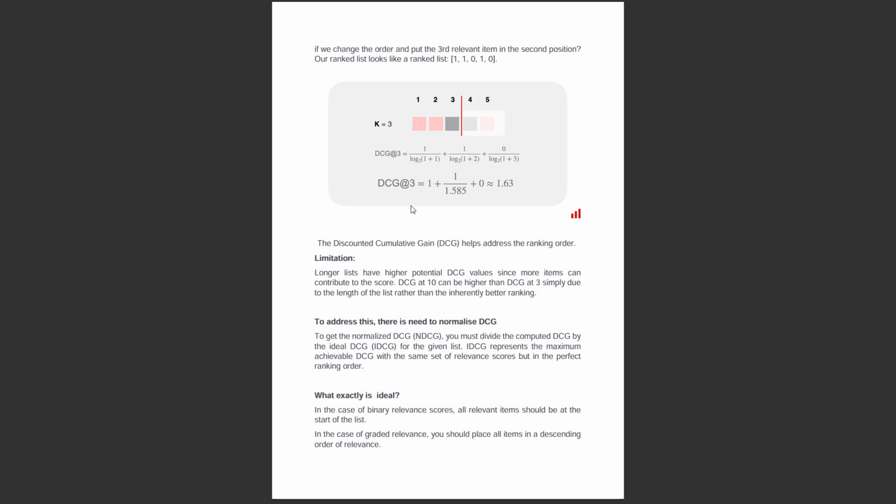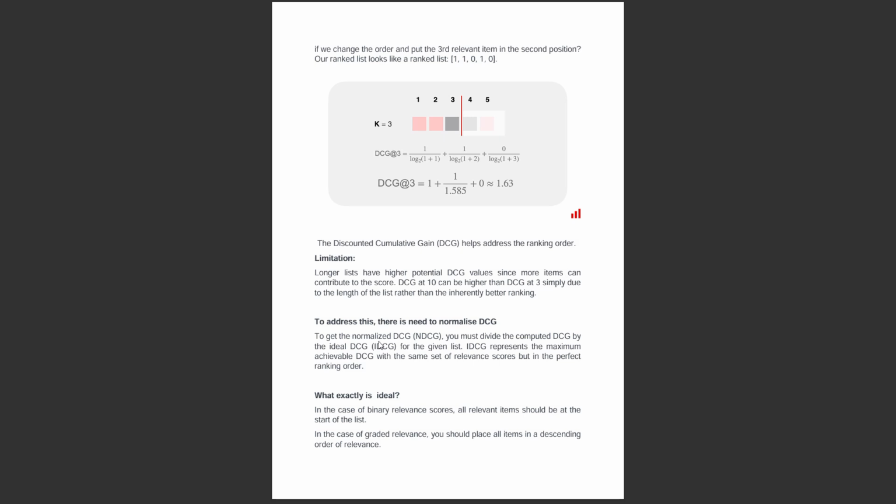Whether I increase K or not, it should be able to fetch the most relevant documents and return them. So what should we do in order to alleviate the problem posed by discounted cumulative gain? To alleviate that problem, we will come across a concept called normalized discounted cumulative gain.